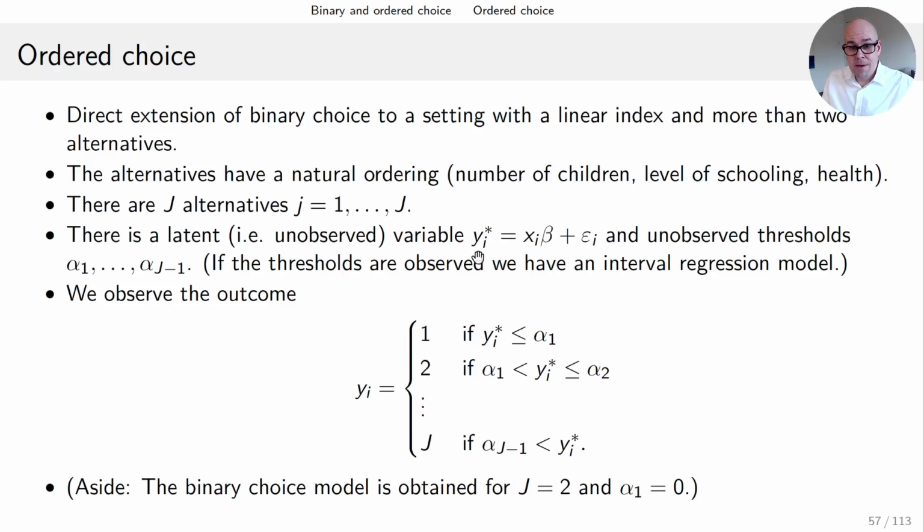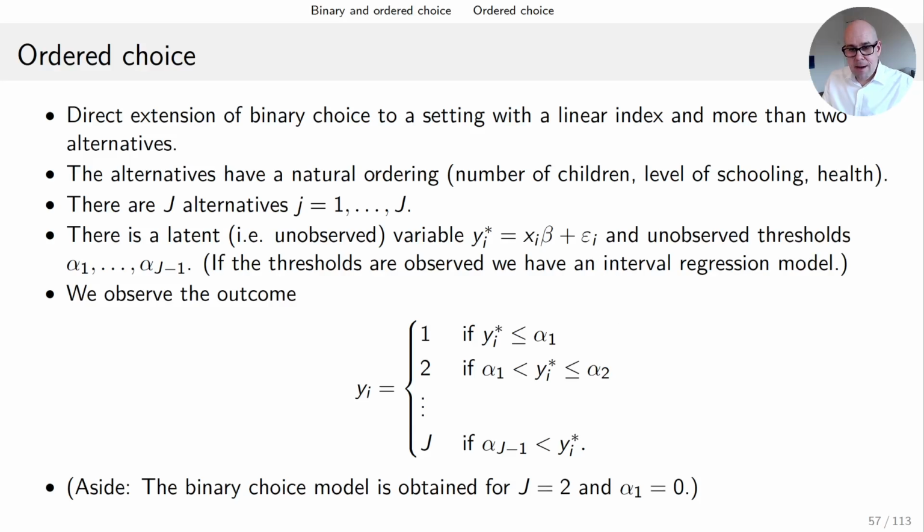This latent variable has two parts. There is an xi beta part, and in the end of the day, we're going to be interested in beta, the parameter on x that leads to higher or lower values of yi star. And epsilon I is going to be our econometric error term that captures unobserved differences across individuals.